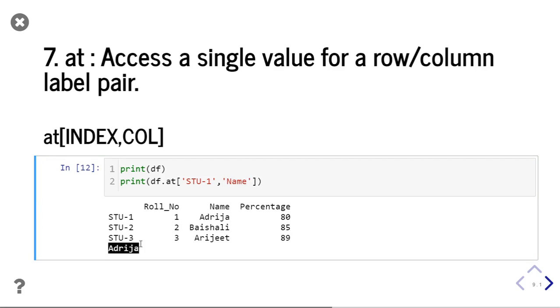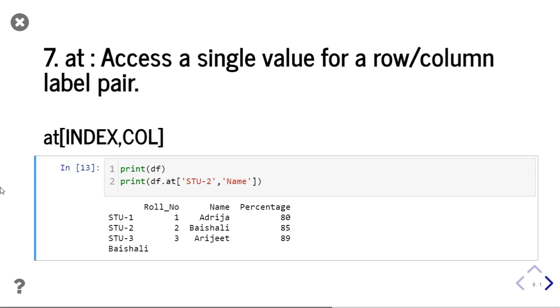You can see it is giving Adrija because it has index student 1 and column name. You can change your index also. You can give student 2. In this case it is returning Besali. So now you will understand how this at works.